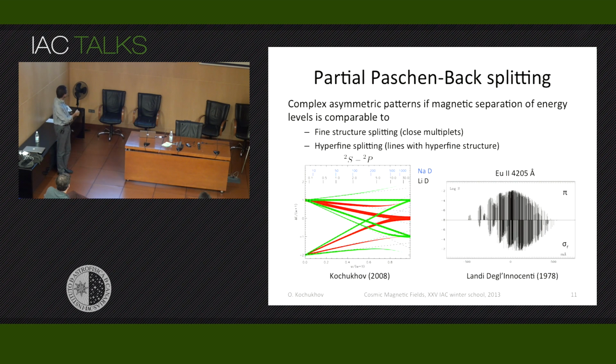So for the partial Paschen-Back splitting in lithium, this is what we get from the detailed calculations when we consider both terms in the Hamiltonian together. In the beginning, when the field is sufficiently weak, we have these two lines of the lithium doublet. The colors correspond here to sigma components shown with green, and pi components shown with red, and the thickness of the lines corresponds to their intensity.